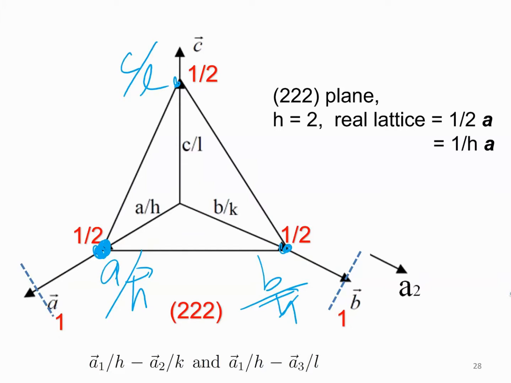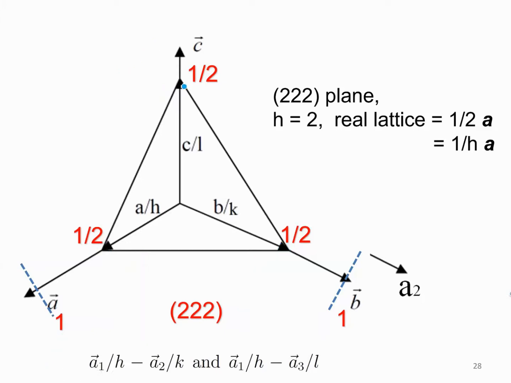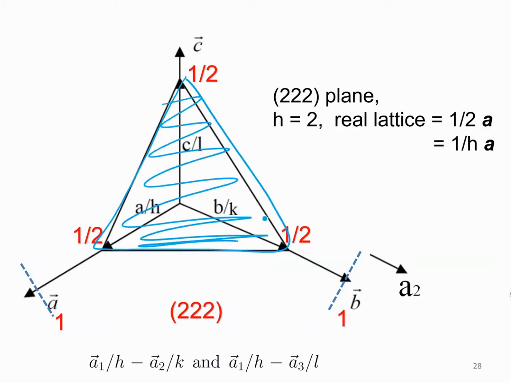Why is it A over H? I give you 5 seconds to think about it. Let's say this plane is the 2 plane. 2 plane means that here is half, here is half, here is half.